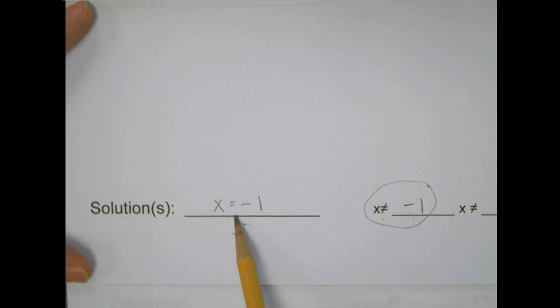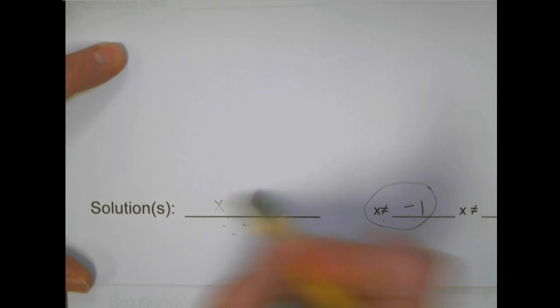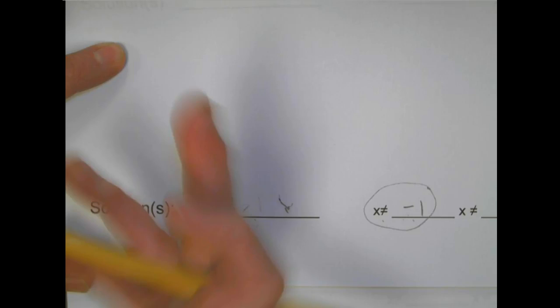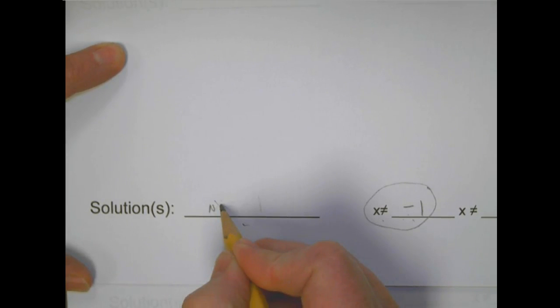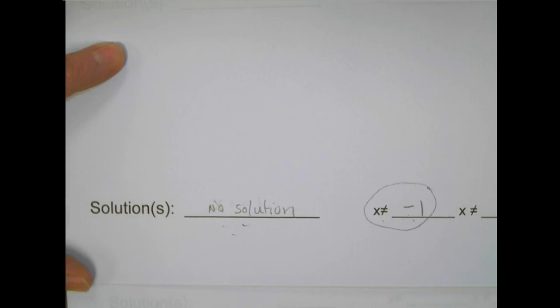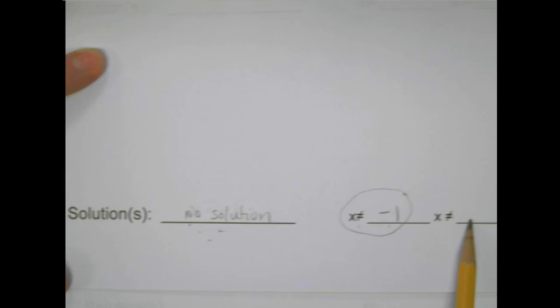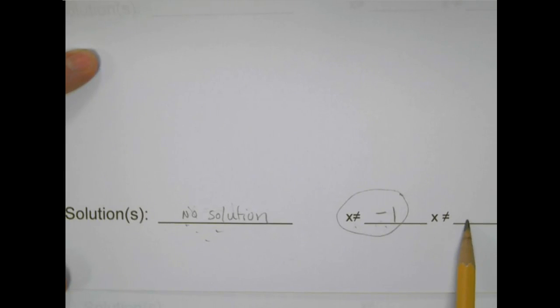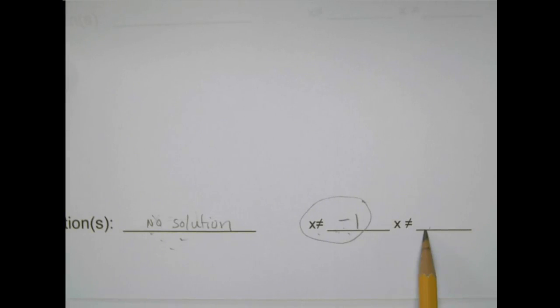So if you have a situation, didn't happen on this problem, but it will happen, and if these are contradictory to each other, this one is the one that has to go, and that would make this a no solution type problem. So if what you have here contradicts what you have over there, then it is no solution. That's another reason why we need to figure out these first, because sometimes if we don't figure them out first, we forget to figure them out at all.